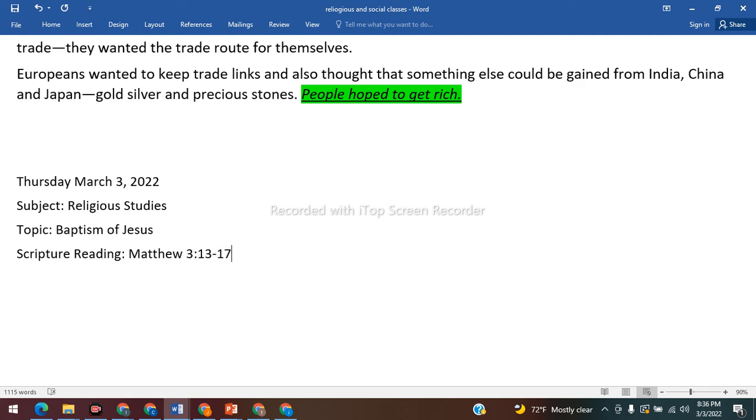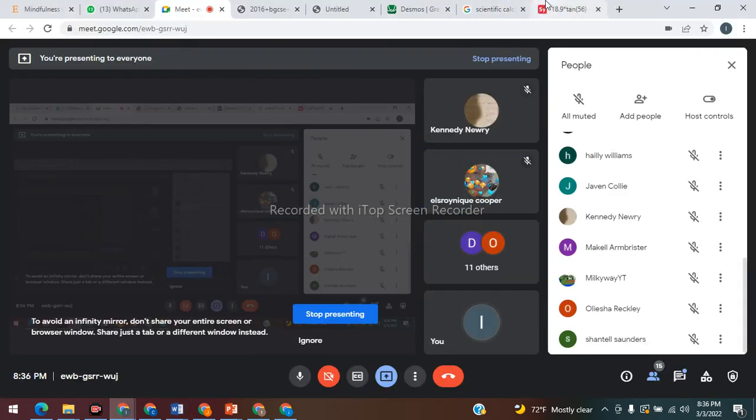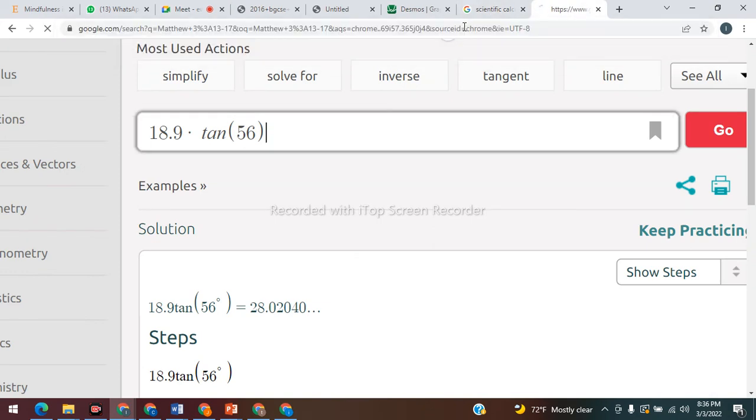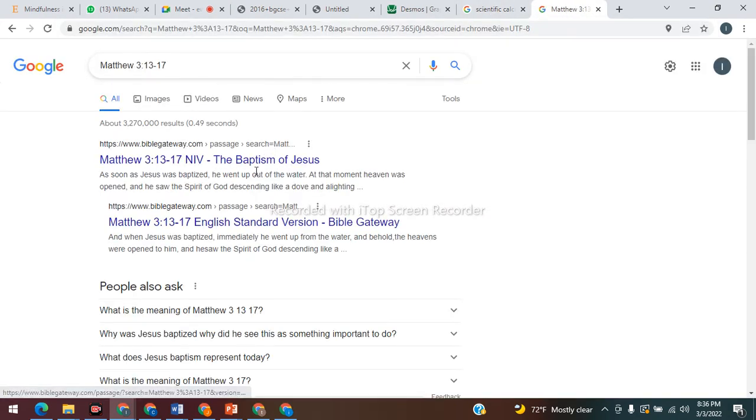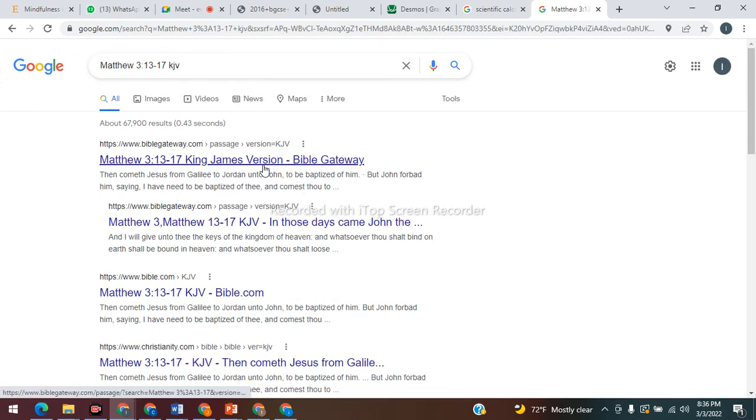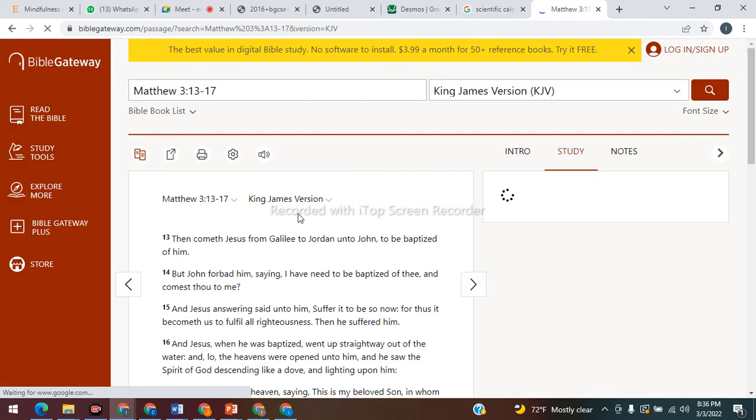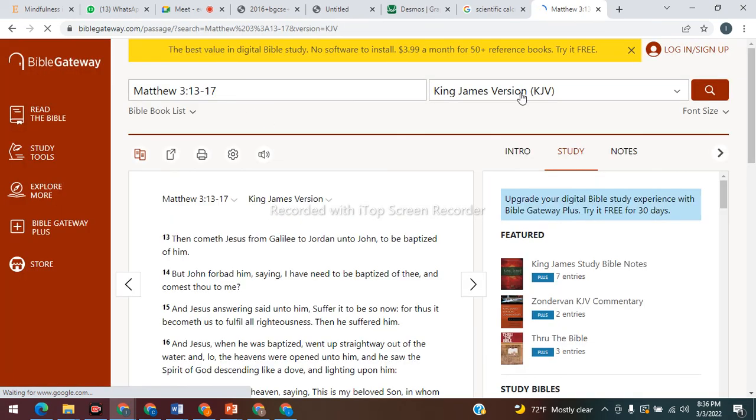And I want some readers, please. There's only about 4 verses. So I'll read. You want to read, Miss Cooper? Alright, good. Kennedy, can you read for us? Alright, Matthew chapter 3, verse 13 to 17.